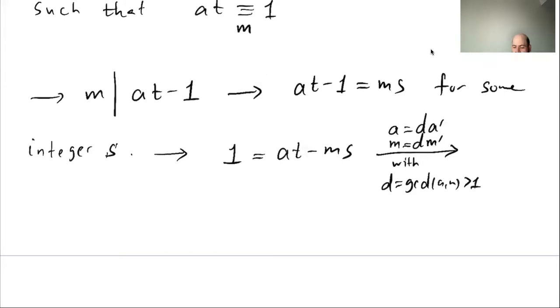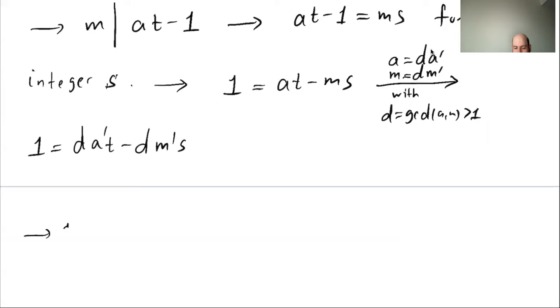So now if I replace A and M with these expressions, what do I get? I get 1 equals dA prime T minus dM prime S. And that means 1 is equal to D times (A prime T minus M prime S).